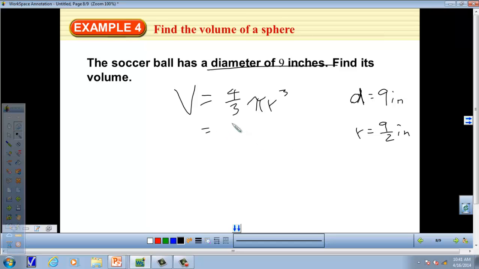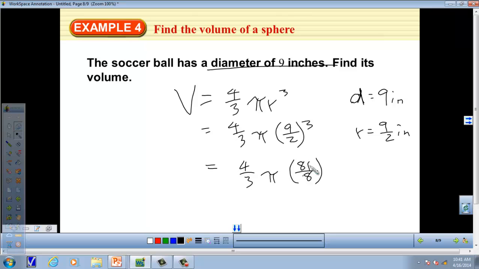That's fine. So we get 4/3 pi times 9/2 cubed. And if we do that, we're going to have 4/3 pi, and on top here we'll have 81, on the bottom here we'll have 8.